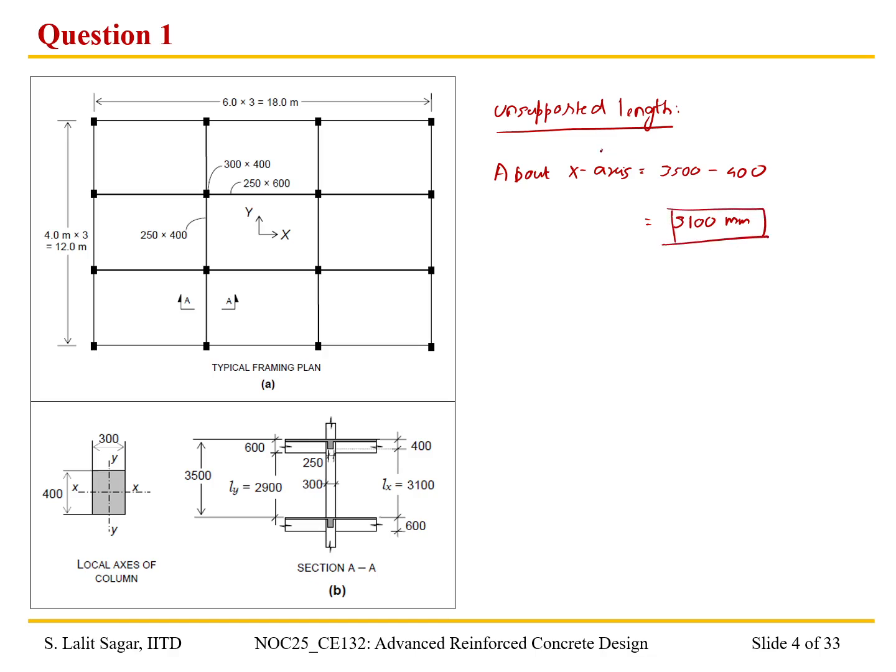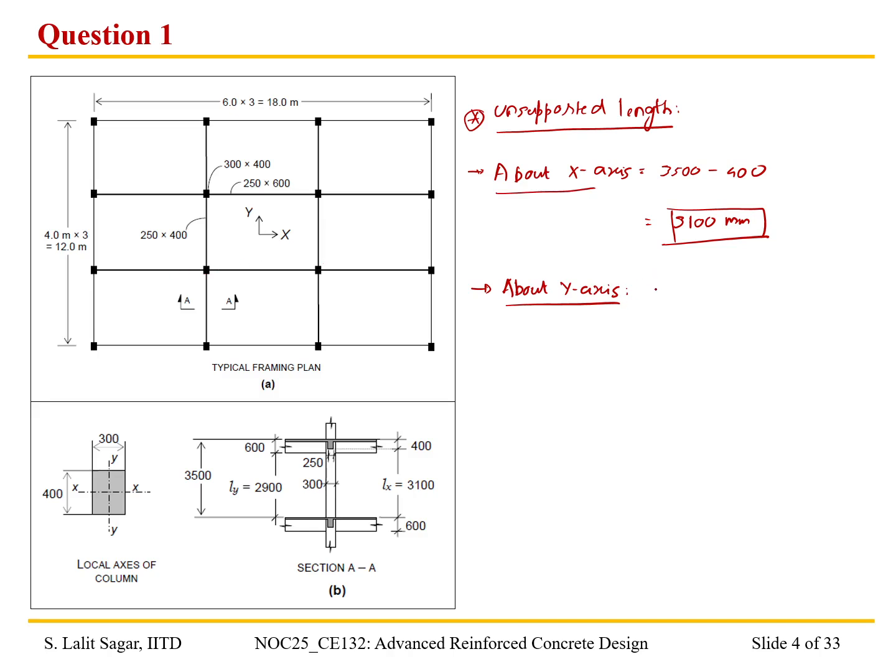Similarly, we need to find out the unsupported length about the y-axis, right? So this unsupported length we are going to be using in determining the effective length, and depending on that, we can classify it as a short column or a slender column, and then we can perform the design accordingly. So about the y-axis means along the x-axis.